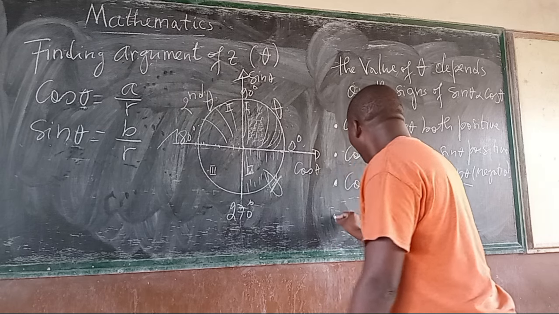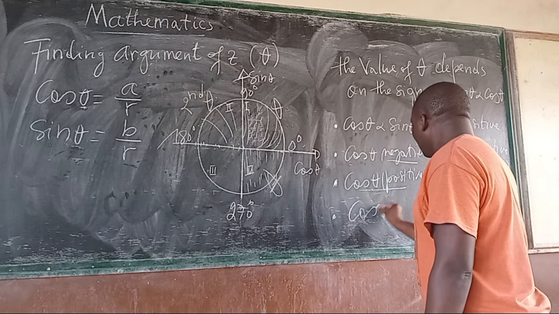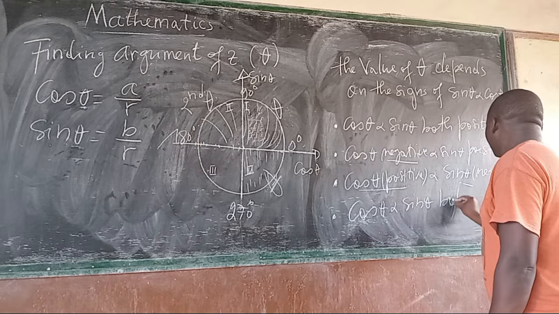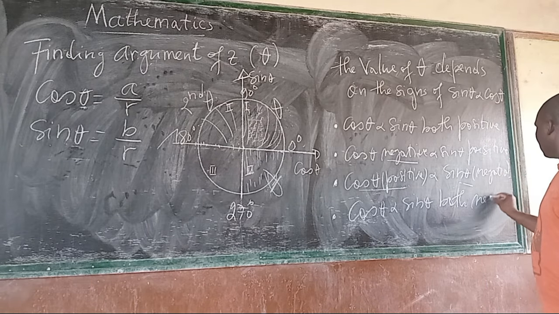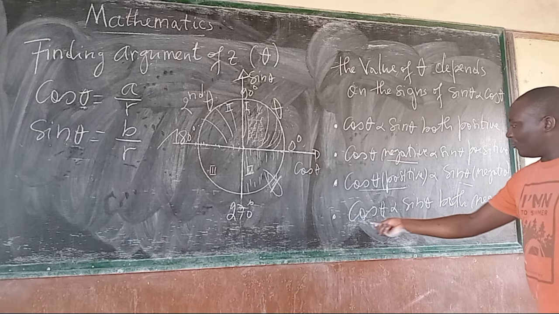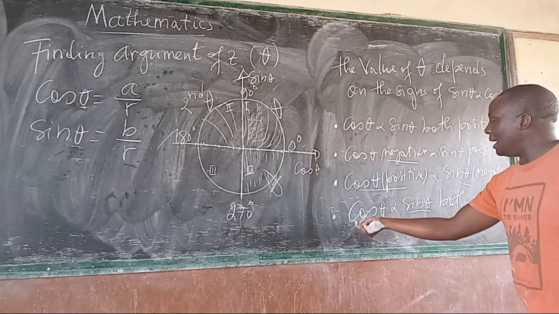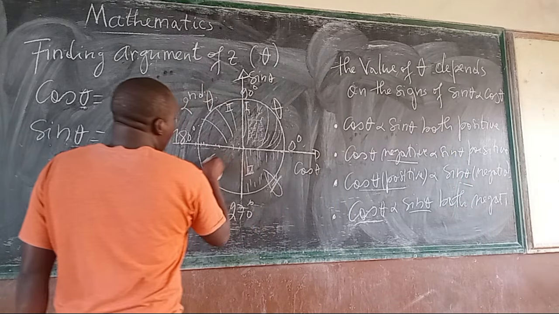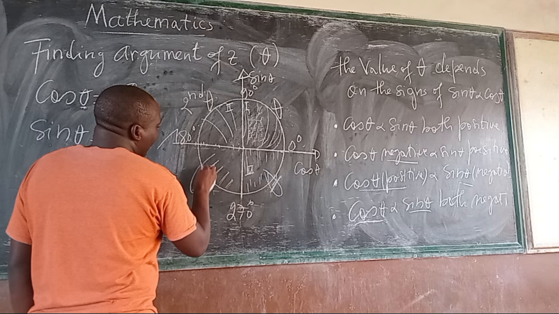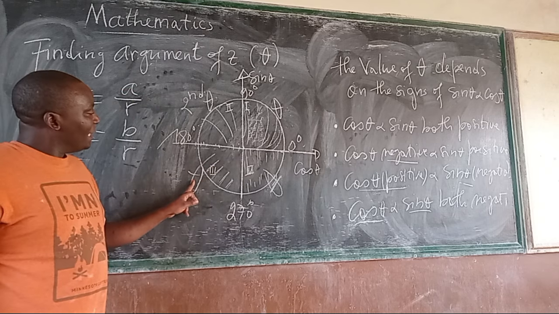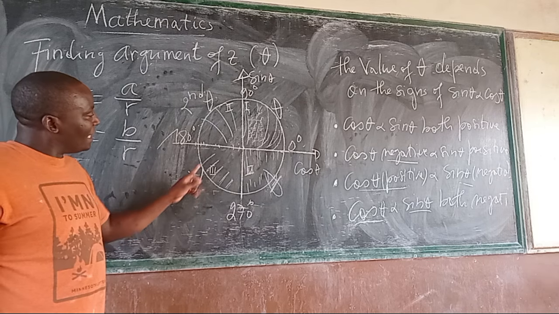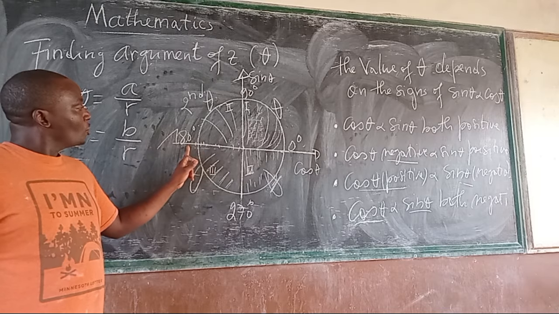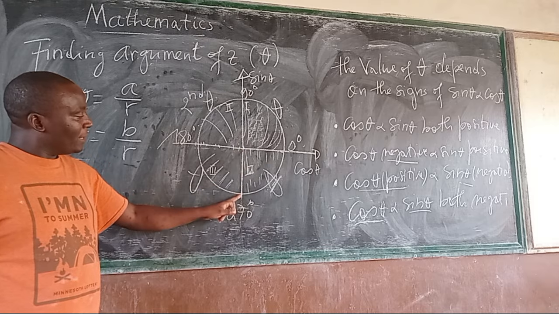Then the fourth case is where cosine and sine of an angle theta are both negative. If both are negative, your argument should always be located in quadrant number 3, the third quadrant, because in the third quadrant we have negative values of cosine and negative values of sine.